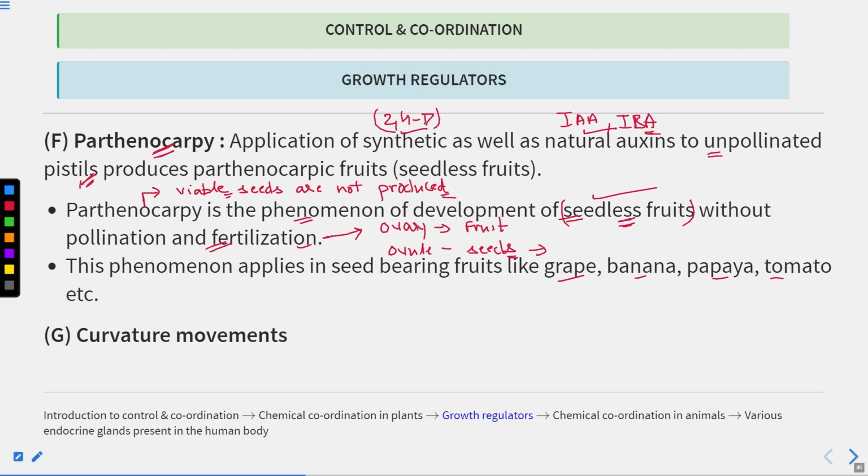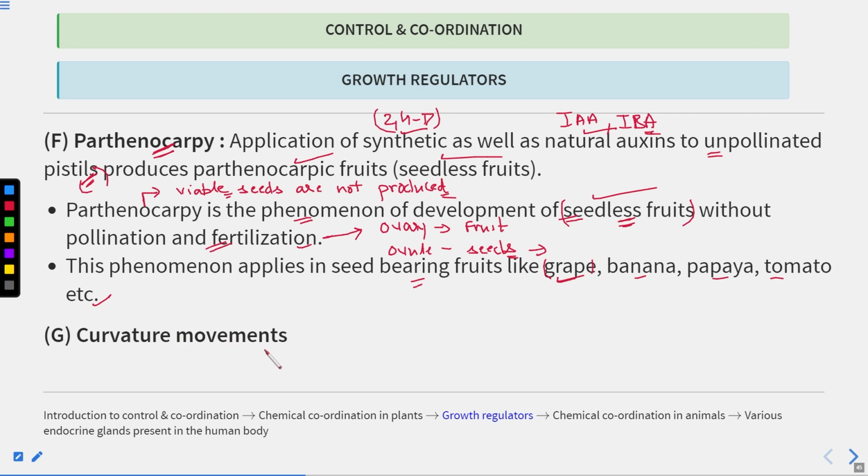The pistil represents the female reproductive organ, the gynoecium, and it is made up of ovary, style and stigma. If you apply auxins to the pistil, they will produce parthenocarpic fruits, meaning seedless fruits. This phenomenon applies in seed-bearing fruit. Grapes, banana, papaya, tomato are produced by parthenocarpy, and the fruit produced here will be seedless.